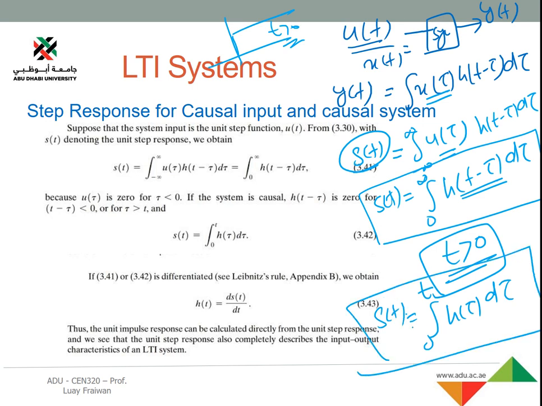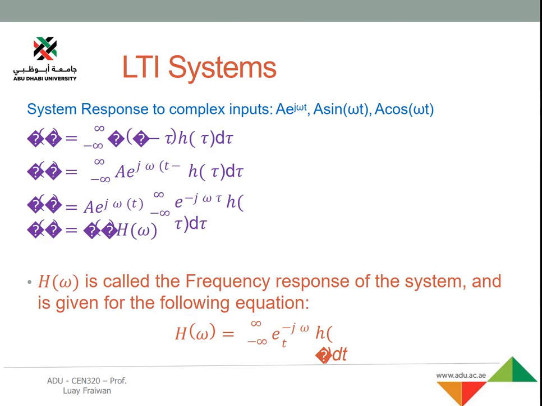Or if you take the derivative of the step response, we can get the impulse response, because the derivative will cancel out the integration on both sides. So the derivative of the step response is the impulse response, okay. So these are the basic properties for the calculation of the step response of the system, okay.